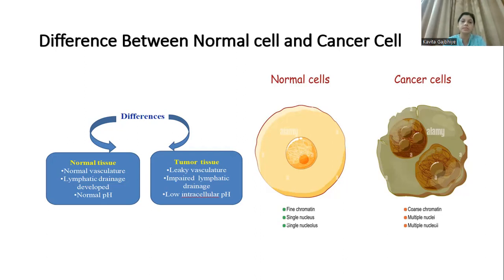Generally the acidic pH condition develops in case of tumor condition and the whole microenvironment of the cell must be acidic in case of cancer. Also, in normal cells, fine chromatin, single nucleus and single nucleolus are present, and just the opposite in case of cancer cell, coarse chromatin, multiple nuclei and multiple nucleoli are present.